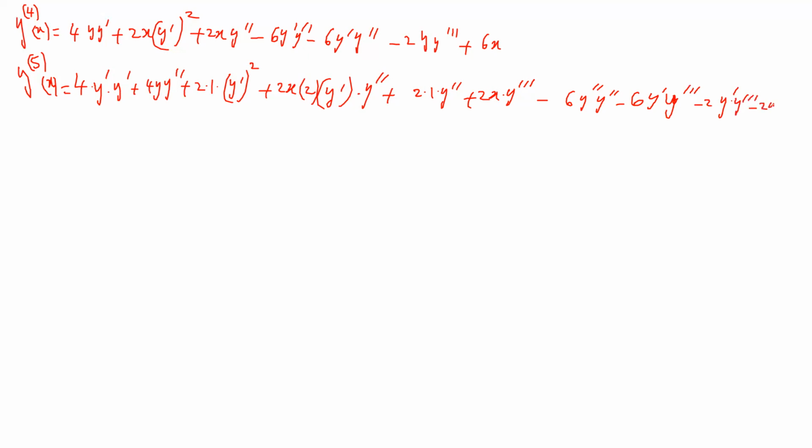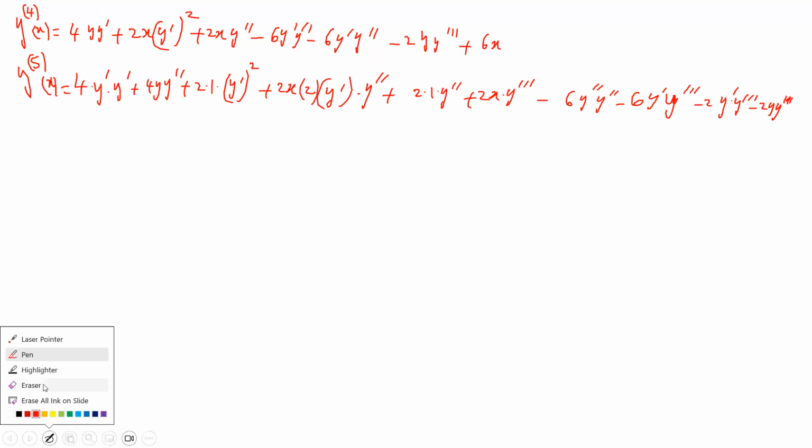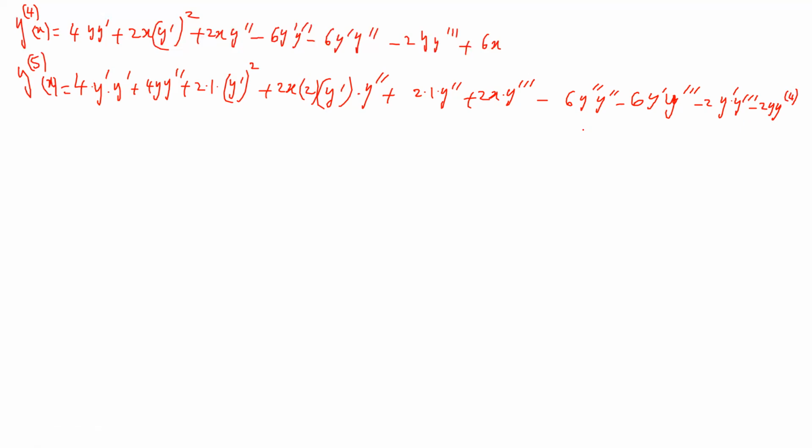Minus 2y, the derivative of the y''' becomes the fourth derivative. Instead of writing too many primes, I can just put it in parentheses, because otherwise the whole thing becomes untidy. Now the derivative of the 6x is 6.